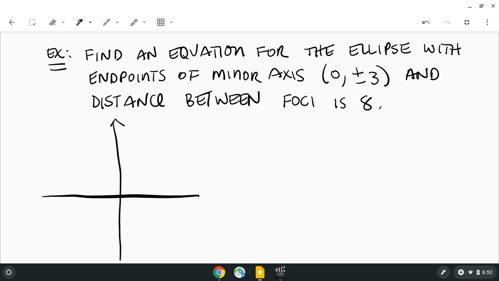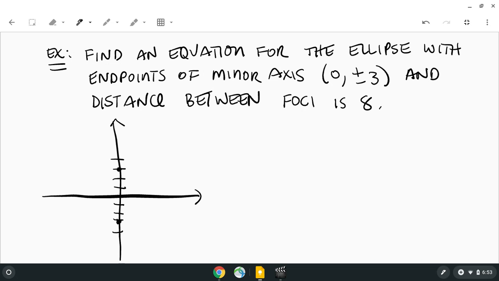Okay, so endpoints of minor axis at 0, 3 and 0, negative 3. So right there and right there. Okay, so that's the minor axis. And so we know that it's going to be longer horizontally, because this is the minor axis, which means the major axis is horizontal.